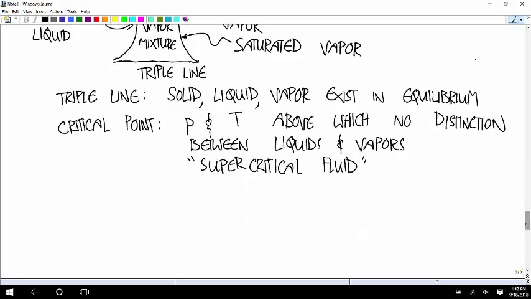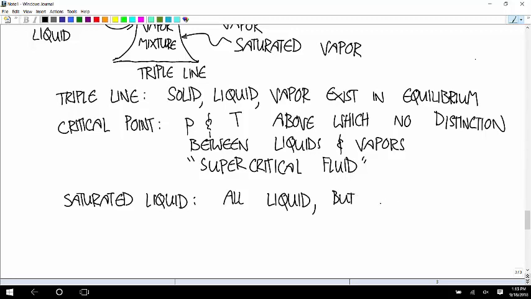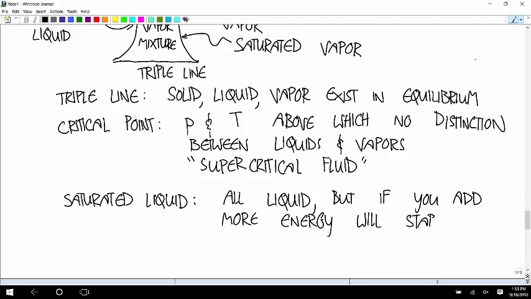Saturated liquid means it's all liquid, but if you add a little bit more internal energy, it will start to boil, turn to vapor.